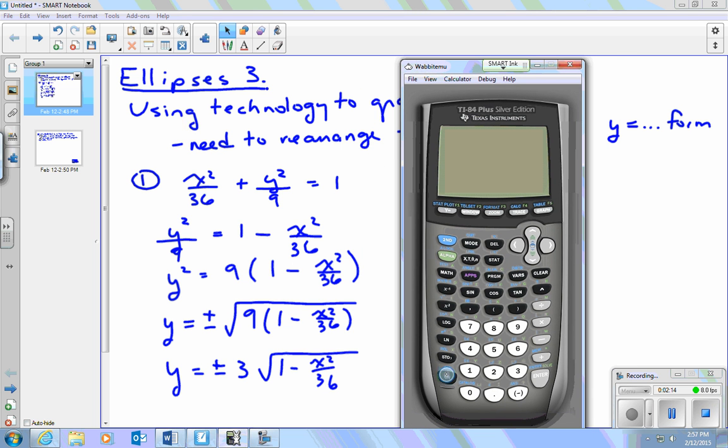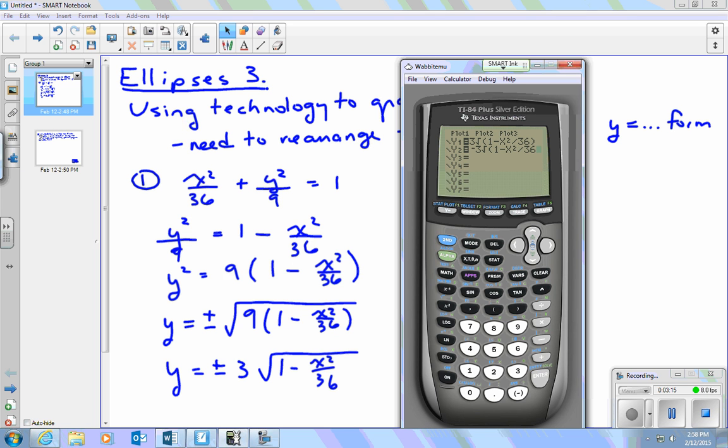Okay, so if I turn the calculator on, I've got y1 equals, so I'll do 3 times the square root, and I want all of that in brackets, so 1 minus x squared divided by 36, and now I'll close the bracket for the square root. Then I'll skip down to the second, y2 equals, and I'll put in the negative value, so negative 3 times the square root of 1 minus x squared divided by 36.